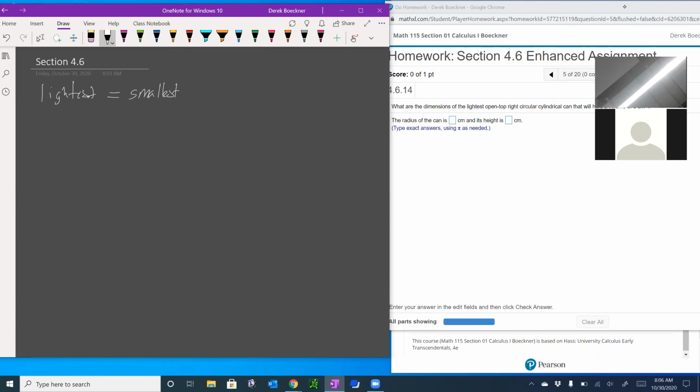What are we looking for? What's the smallest amount of material? And so how am I going to measure the amount of material in a can? Surface area. Surface area is going to be the amount of material you use to make the can. Okay. So lightest would be the smallest surface area. Okay. And this is going to be our objective function.